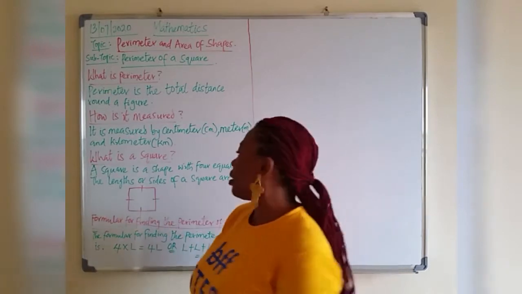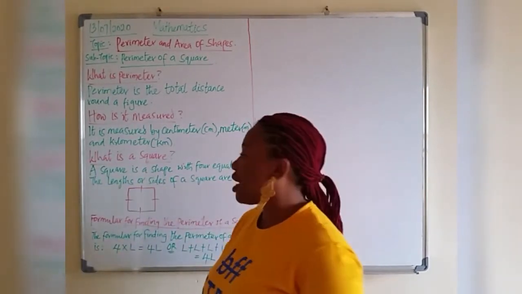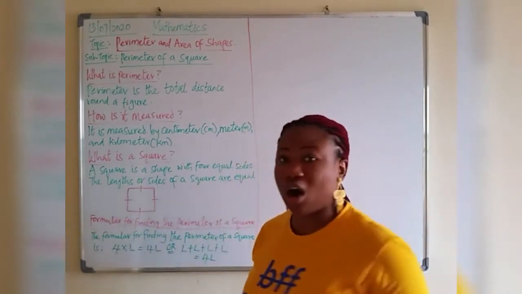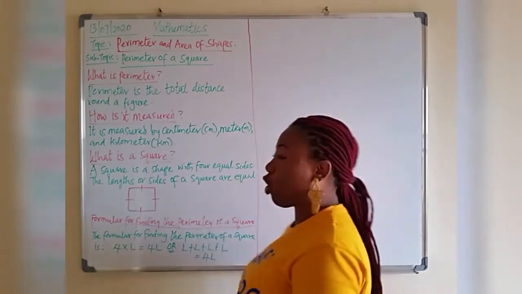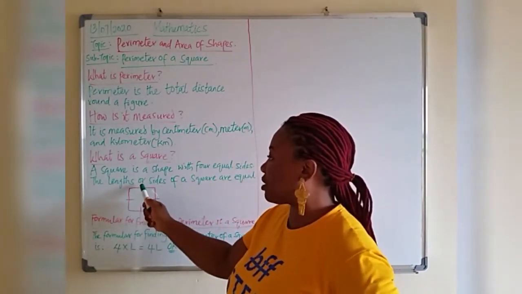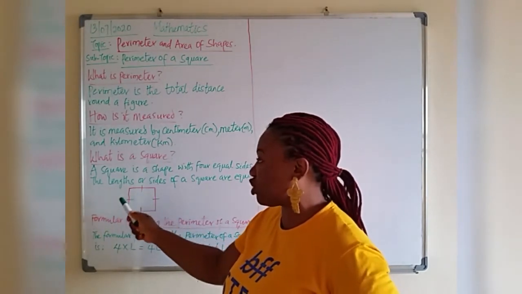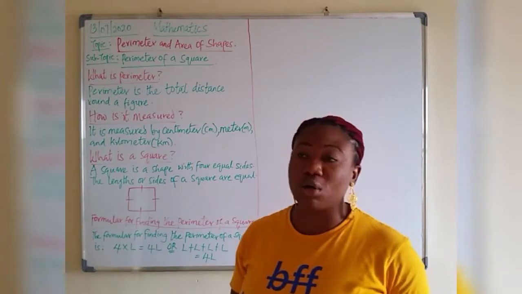Now, what is a square? A square is a shape with four equal sides. The length or size of a square are all equal. As you can see the diagram on the board, you have this dash, dash, dash, denoting that all sides of the square are equal.